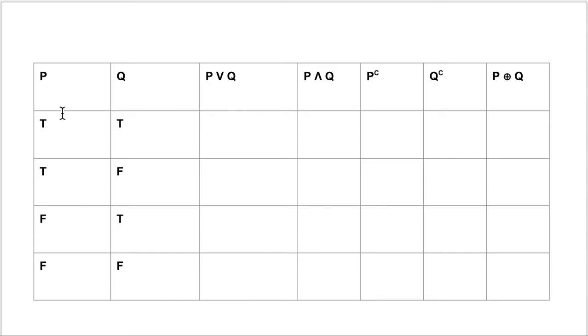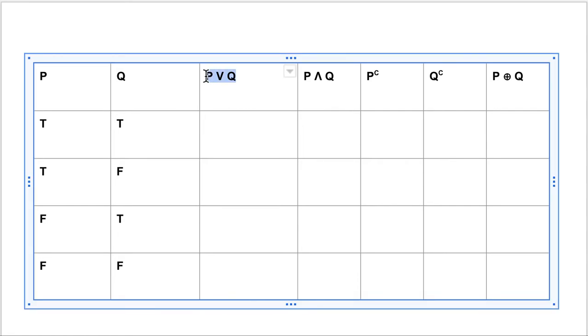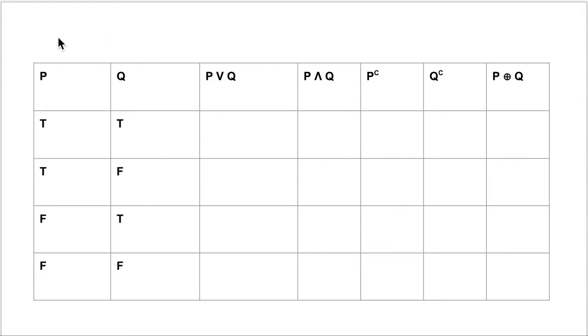So you're given P and Q. Now this is the truth table. Let's populate the table. Let's look at P or Q. P or Q states that if either of them is true, then the result would be true.